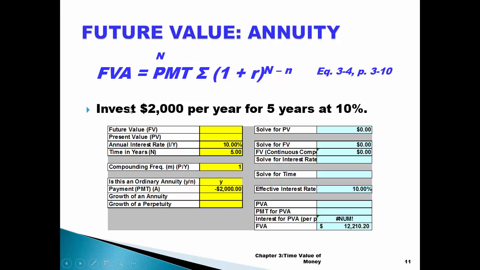So we would like to find out the future value. So what's the future value of the annuity? $12,210. So if you put away $2,000 a year for 5 years, that's $10,000. And of course, each year that's going to earn some money. So we're ultimately going to end up with another $210 for investment, or for earnings.